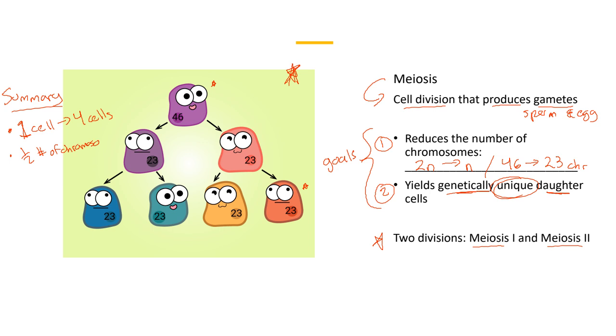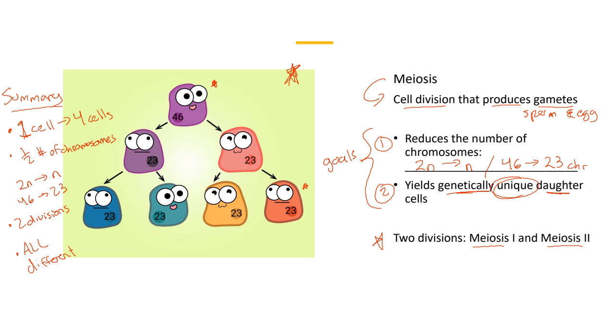We're going to go from, again, diploid to haploid, from 46 to 23. Like I said, there's going to be two divisions, and all of the cells are going to be different.